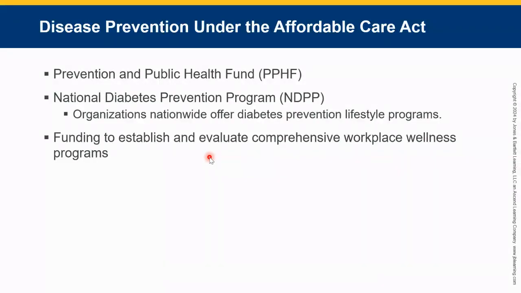In 2015, 46.8 million employees worked in firms that offered wellness programs. These programs are diverse and they vary in services and activity, but they're all required to promote health and/or prevent disease to qualify for this federal funding support.